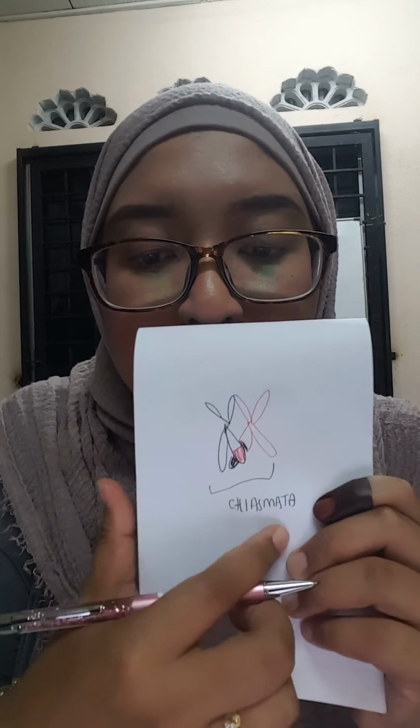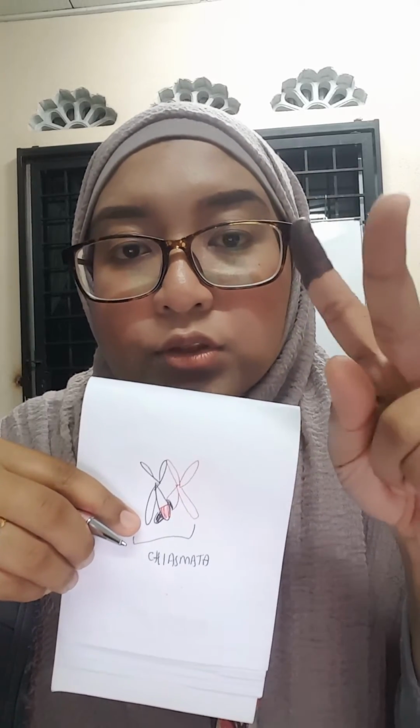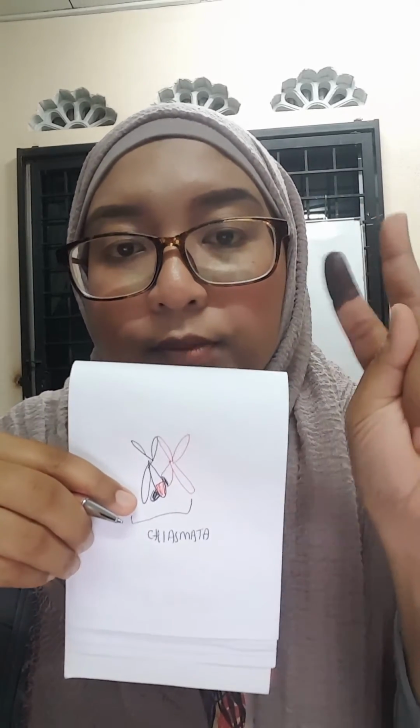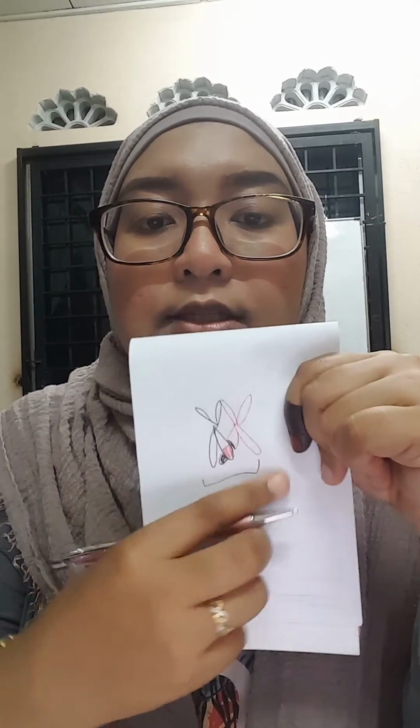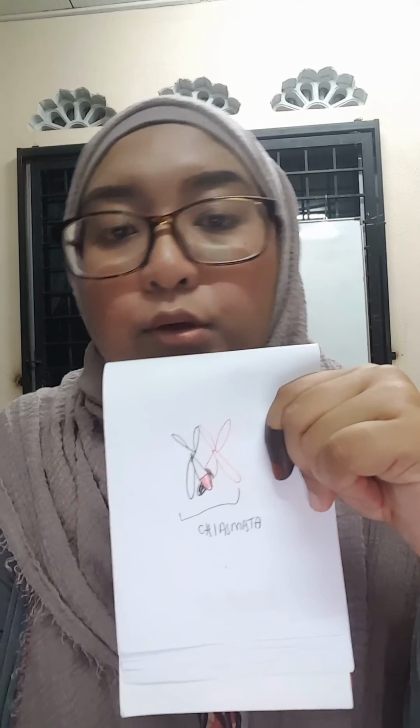So all of you must remember: one, synapsis, which is the pairing up of homologous chromosomes. Second, you need to know crossing over. Crossing over occurs between non-sister chromatids of the homologous chromosomes. Where does crossing over occur on the non-sister chromatids? We call that the chiasmata.